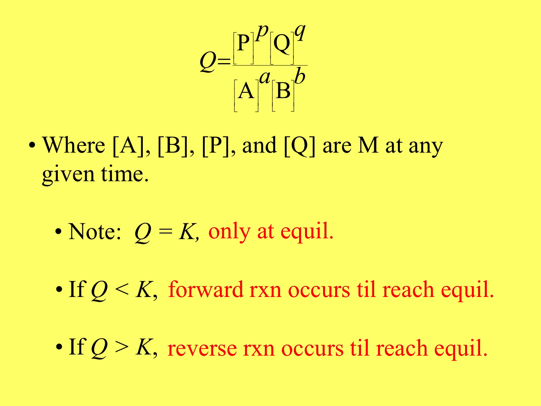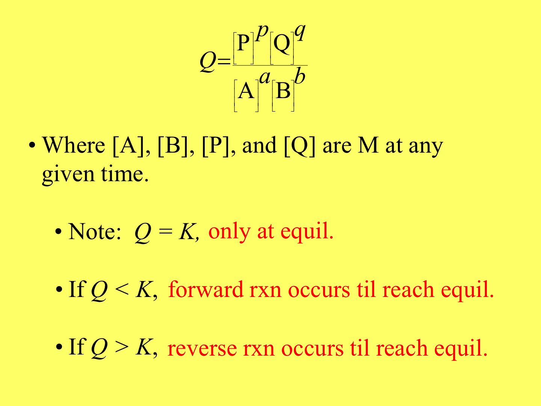So we're taking a look at this, and these are equilibrium concentrations, or concentrations at a given moment if it's not at equilibrium. If Q, which is the current condition, equals K, which is equilibrium, then that means the system is at equilibrium.